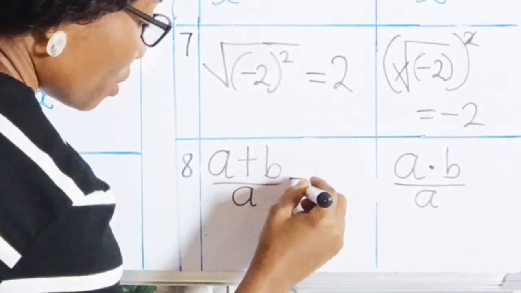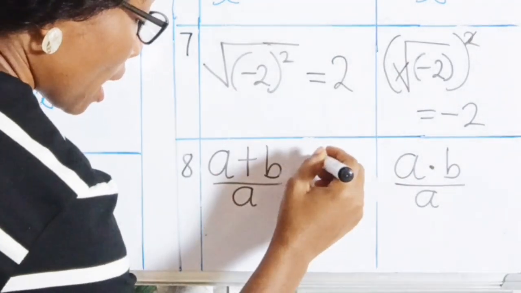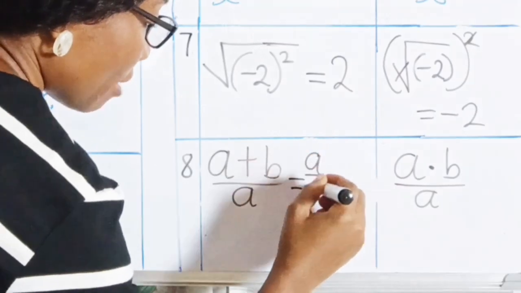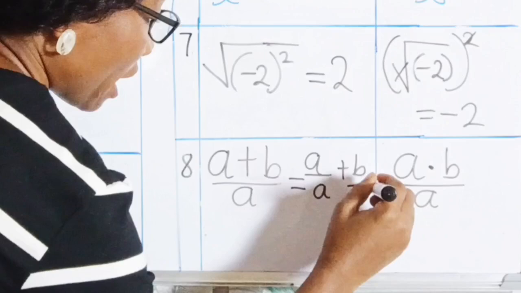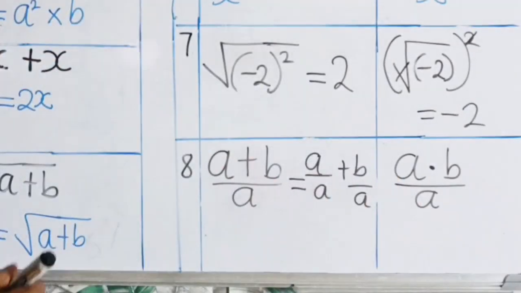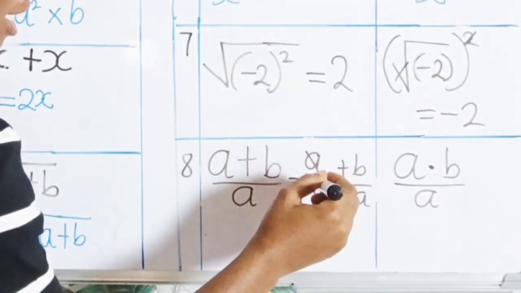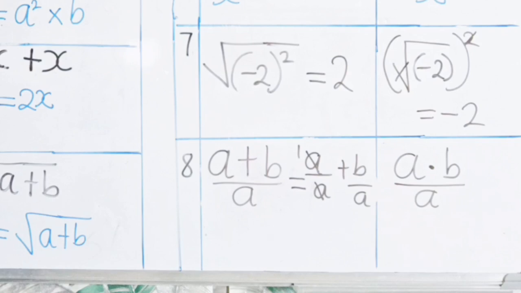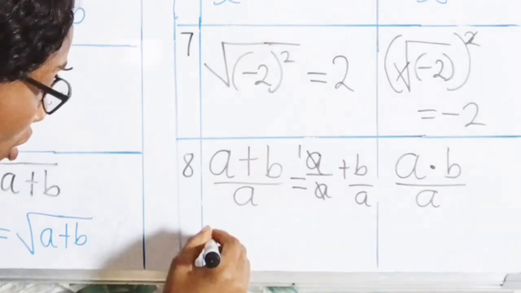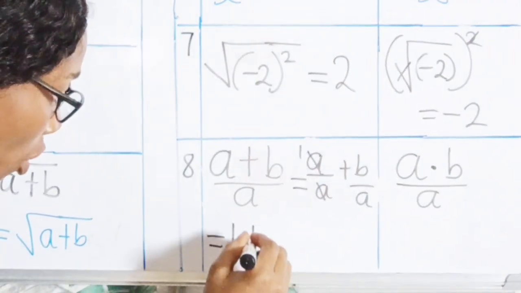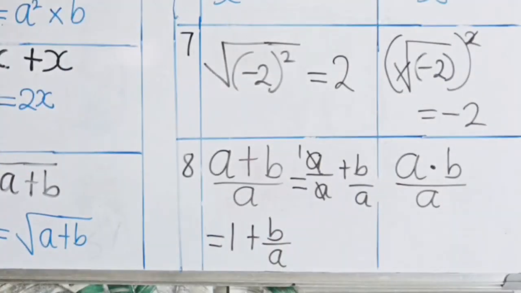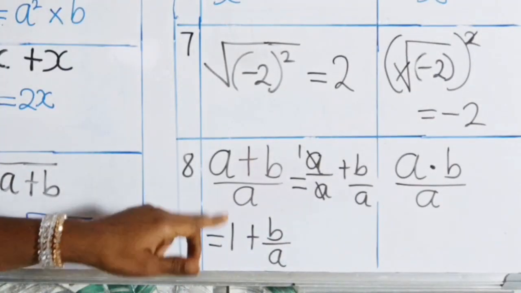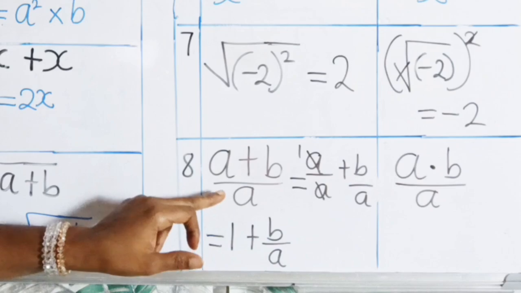So this will be equal to a divided by a plus b divided by a. A divided by a is 1, right? So we are going to have 1 plus b over a. This is the answer to this expression.